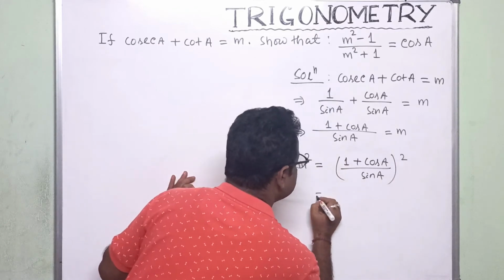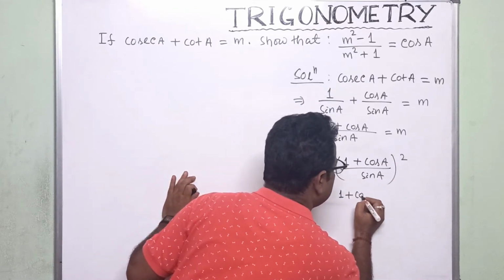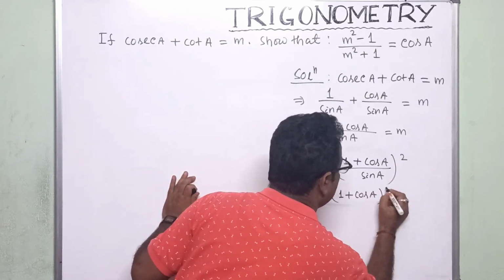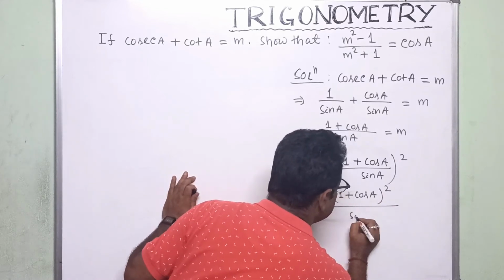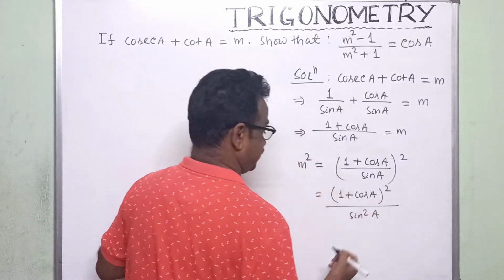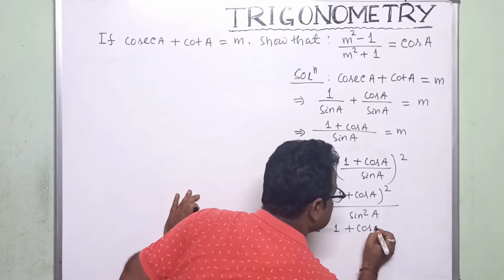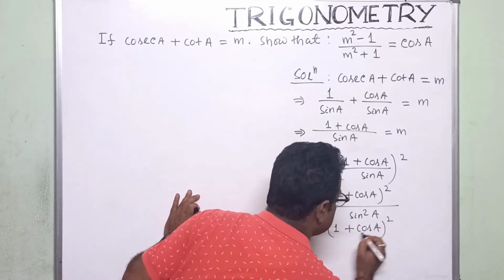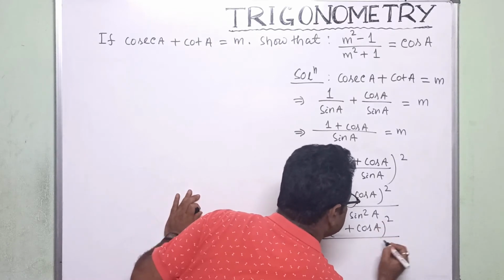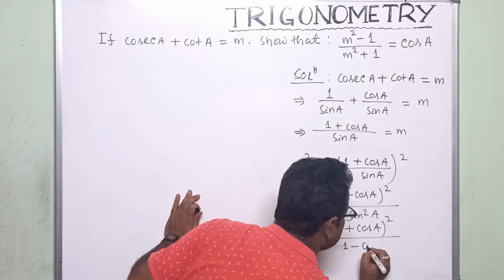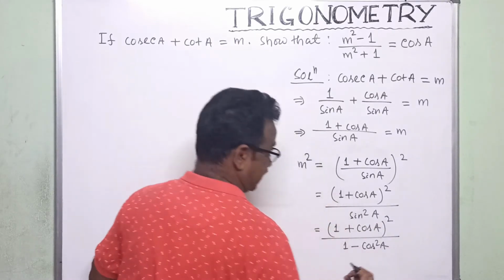Okay, that is equal to your 1 plus cos a whole square by sin square a. That is equal to your 1 plus cos a whole square by sin square a, which is 1 minus cos square a.